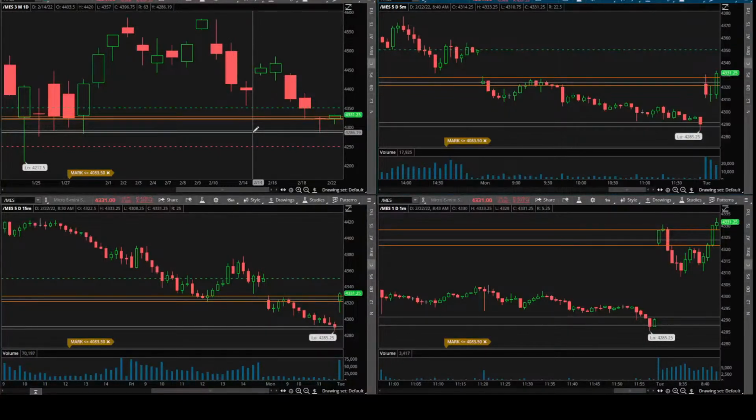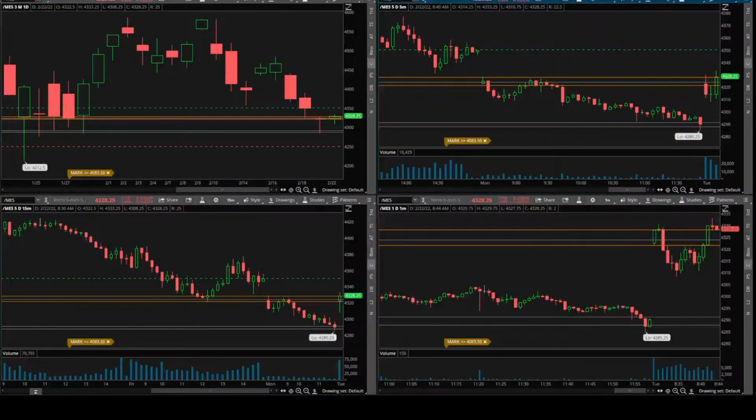Next level on the E-mini is going to be the overnight high, green line right here. And we've got news here in just one more minute. And then in another 16 minutes, we'll have some more news.